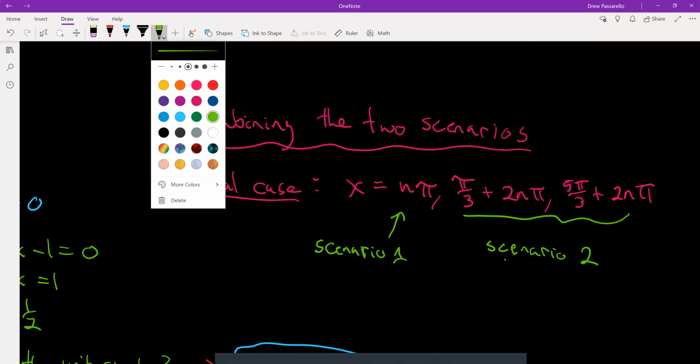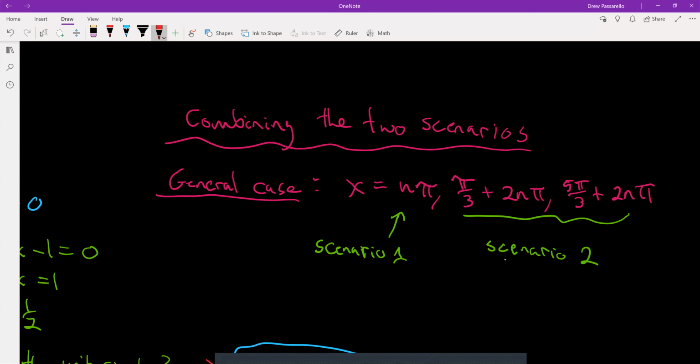Now, the specific case is if it was defined for one revolution.